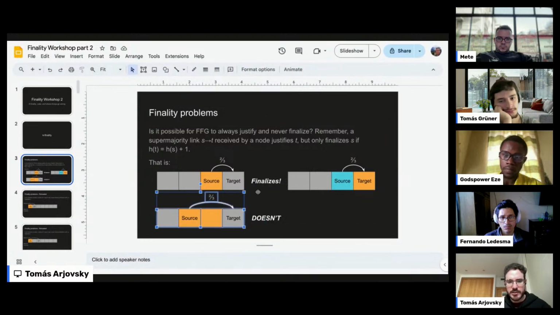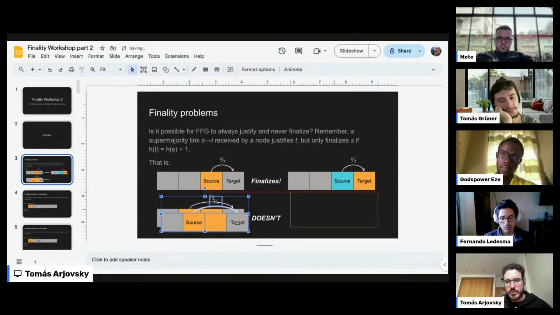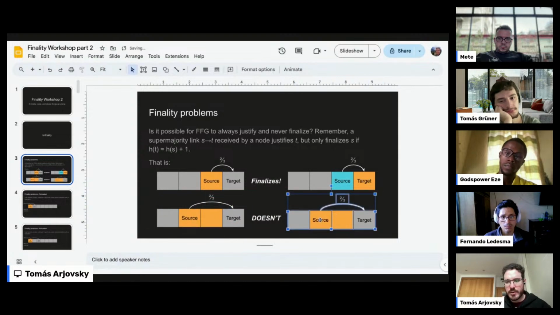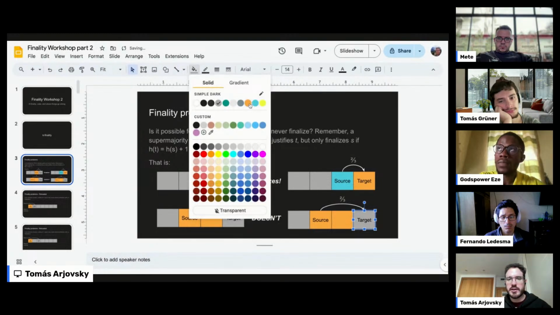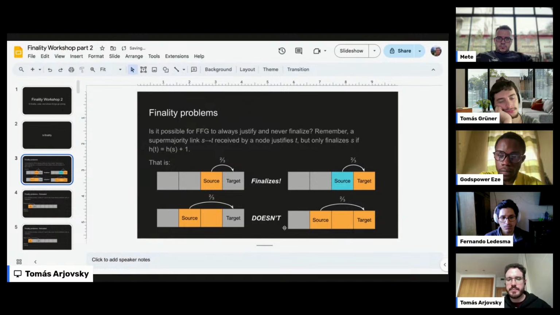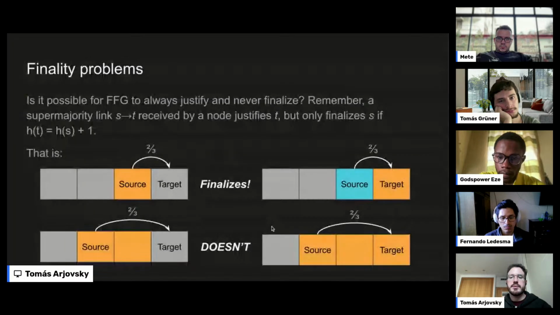Something like this. And what will happen here, we're testing in production, guys, is that this will get justified. So the effect is that in this case, one thing gets justified and the other gets finalized. In this case, there's justification but no finalization. Why? Because I have a gap.